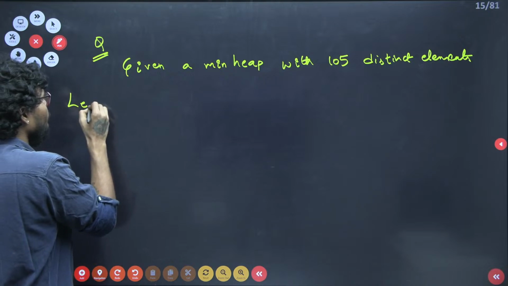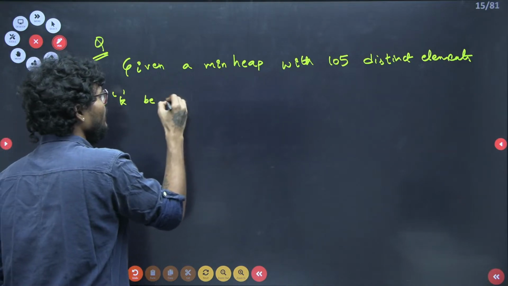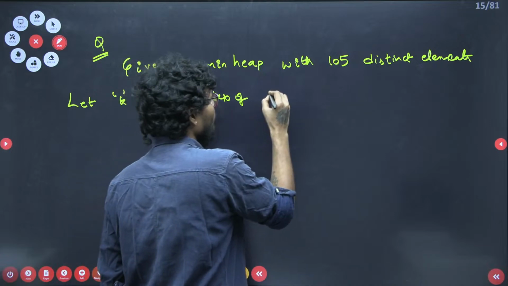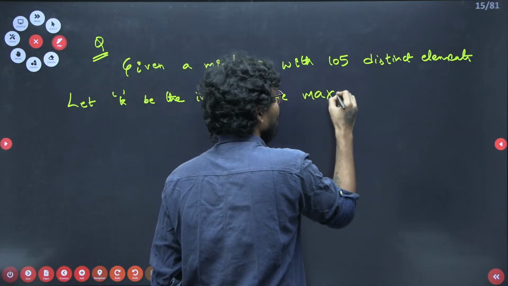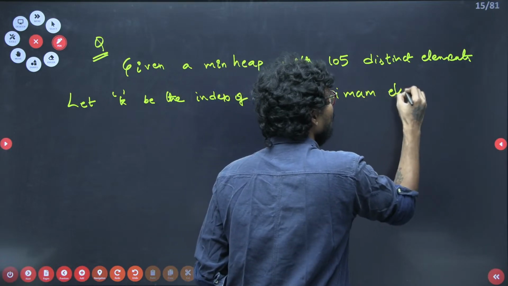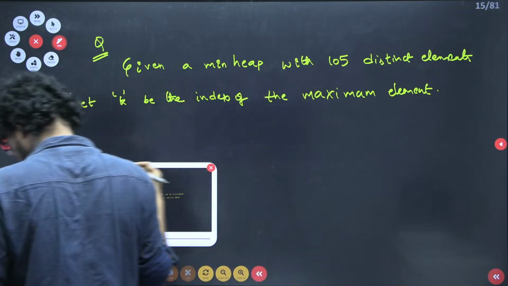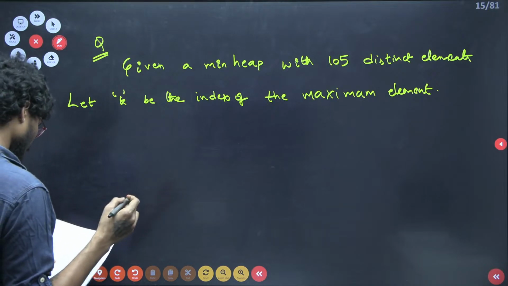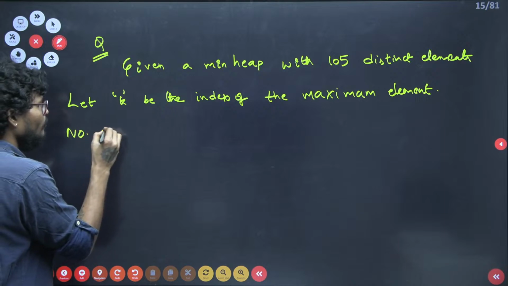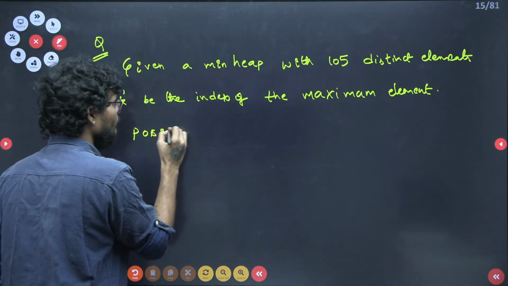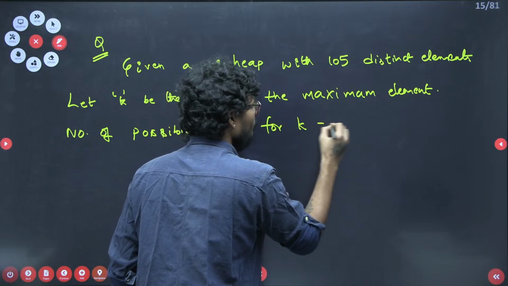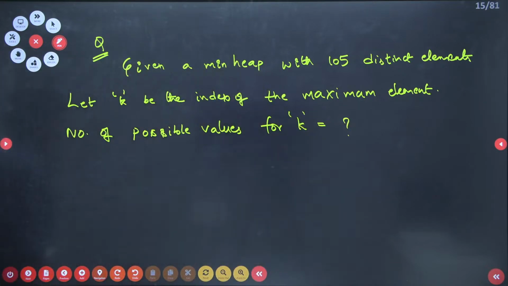Let K be the index of the maximum element. The number of possible values for K is how much? That is the question. So again, this is a very simple question.